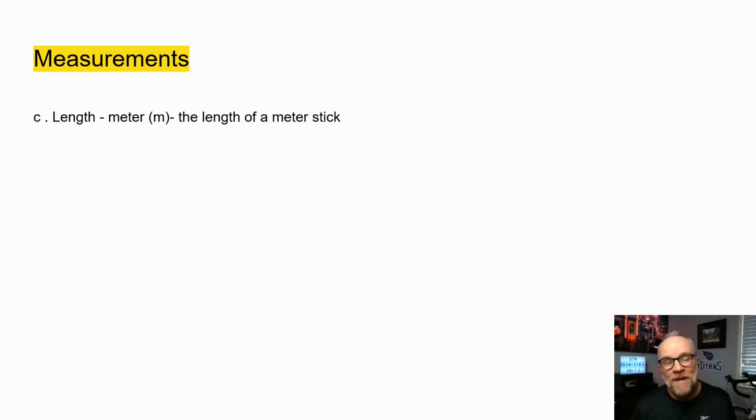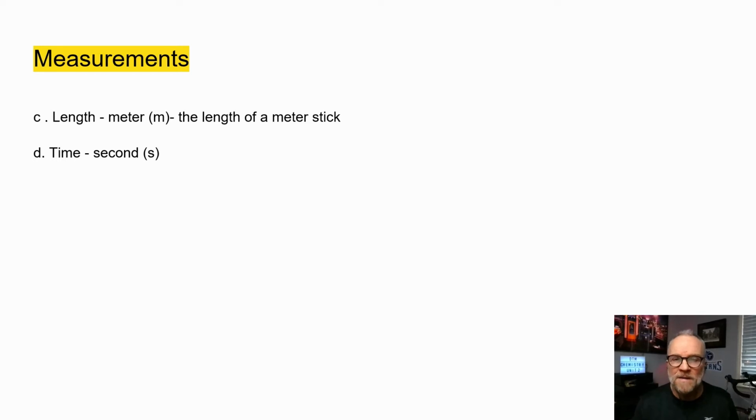And so they have a bar, or they used to have a bar in France, that is exactly a meter long. Of course, they divide it into smaller parts and that kind of thing. We'll talk more about the prefixes later. But now they actually shoot an electron across a distance, and they measure how far that particle travels in a certain length of time. So it's more sophisticated even than keeping a metal bar there.